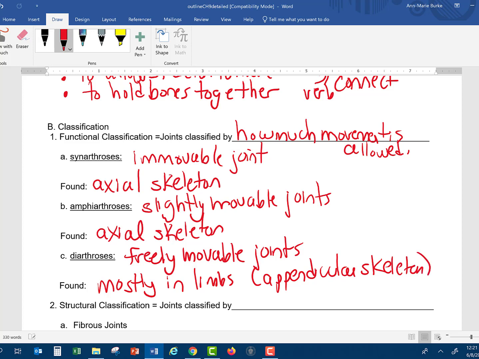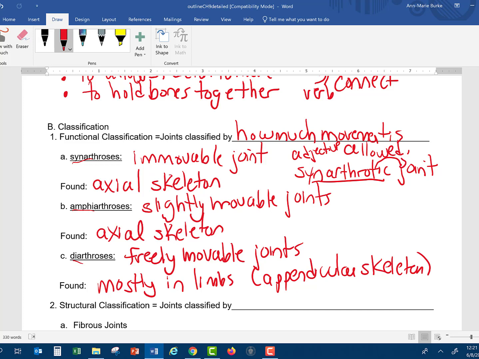Now, a couple of things about these categories. Synarthroses, amphiarthroses, diarthroses, these are nouns. However, you can use them as adjectives. So if you wanted to describe a joint that belongs to this category, you can say it is a synarthrotic joint. Again, this is an adjective because it's describing a noun.